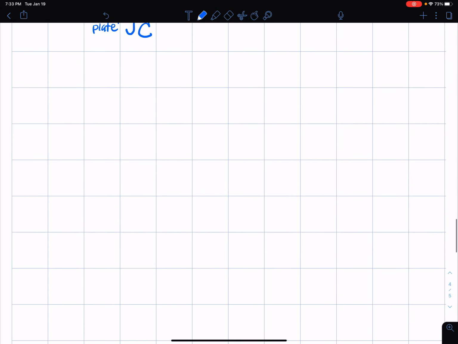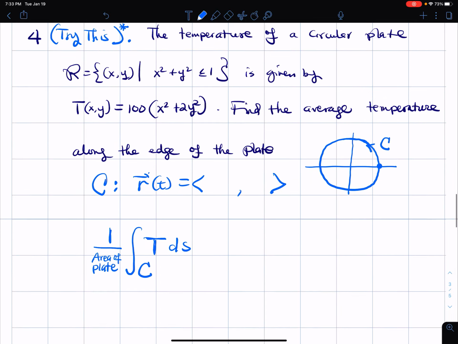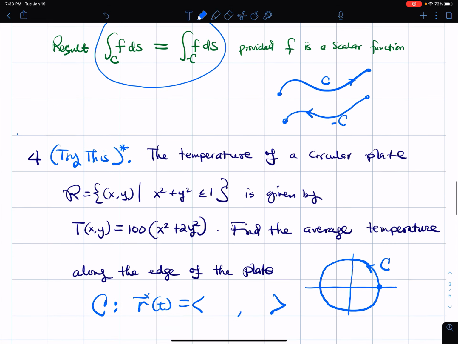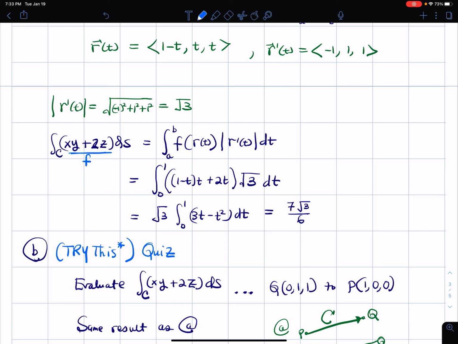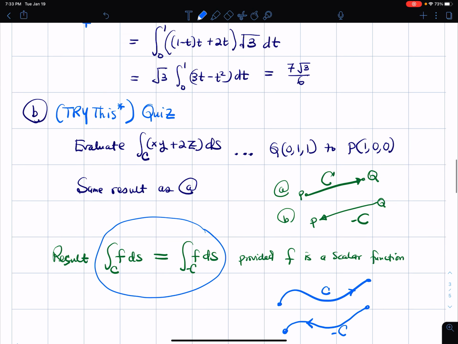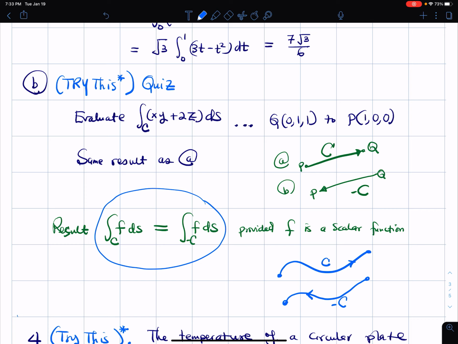Okay. Now, so we've been looking at the line integral over curves, but the line integrals we've been looking at have been the line integrals of scalar functions.